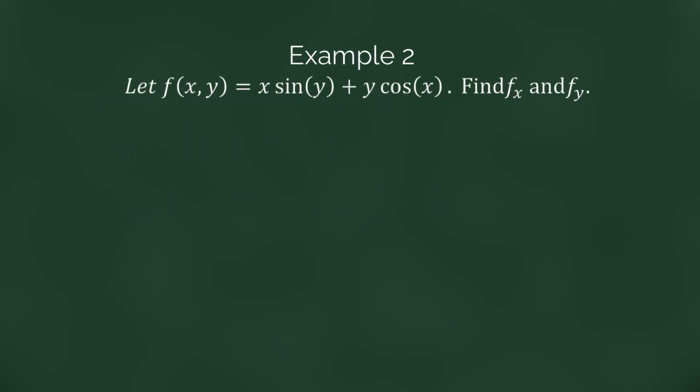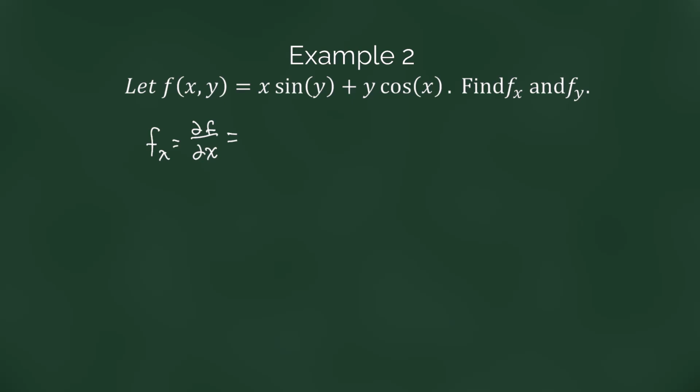All right, now we're going to do f of x, y equals x times sine of y plus y times cosine of x. And we're going to again find both partial derivatives. So f sub x, or the partial of f with respect to x. In the first term, we have x times sine of y.